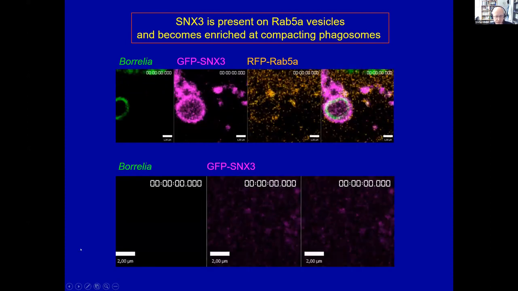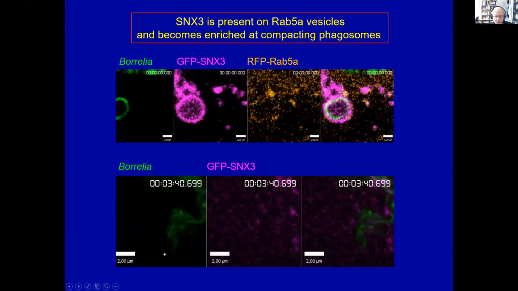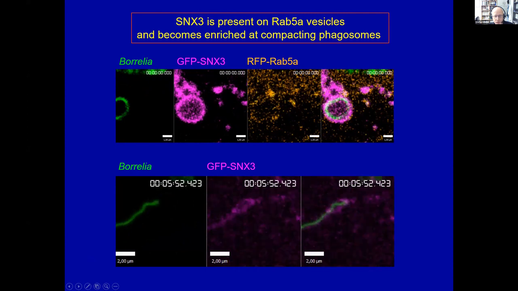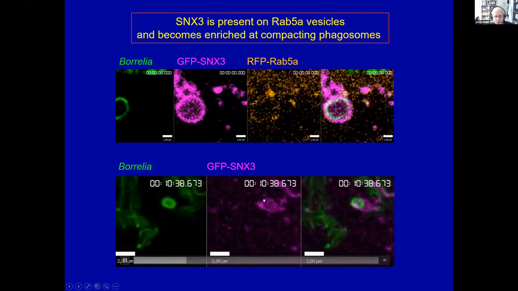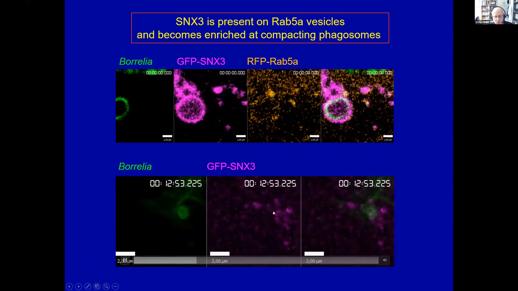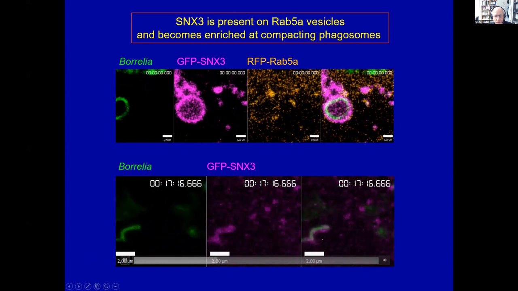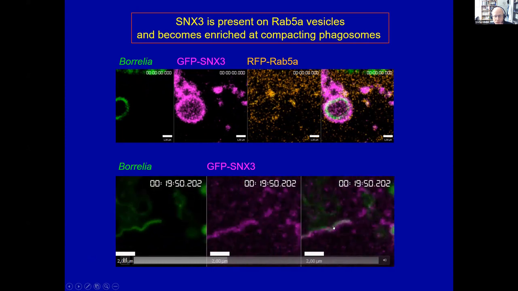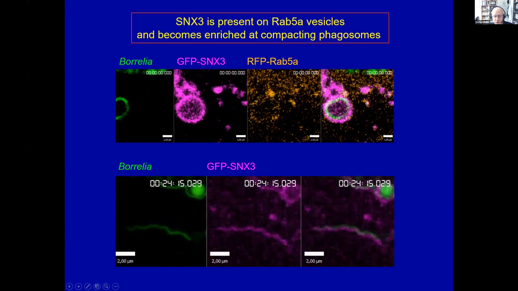You see that way better here. This is the internal part of one cell, and you have several uptake events. You see here this compaction state, that phagosome gets positive for RAP5. Here the next comes along, it gets positive for SNX3 in magenta.